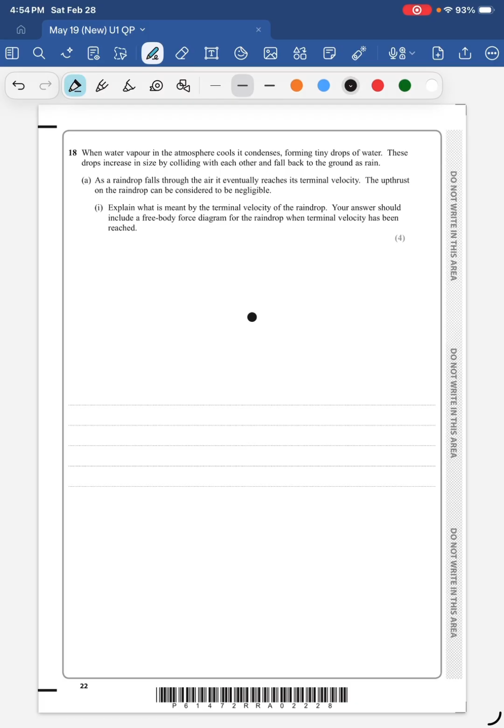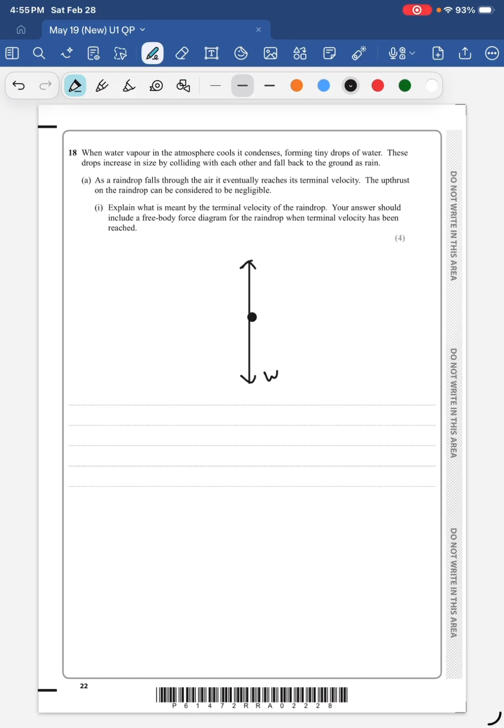So, terminal velocity means that the body is moving, but the acceleration becomes zero, which means that there are two forces that are equal acting on it. The first force is the weight, and then the drag force should be about the same.